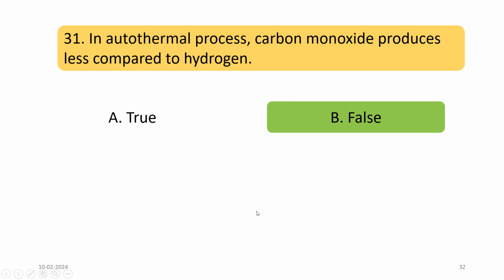Correct. In the autothermal process, hydrogen is produced in less amount rather than the carbon monoxide.